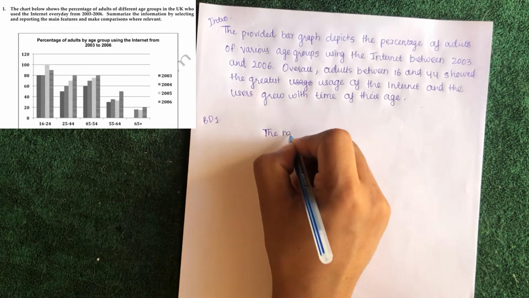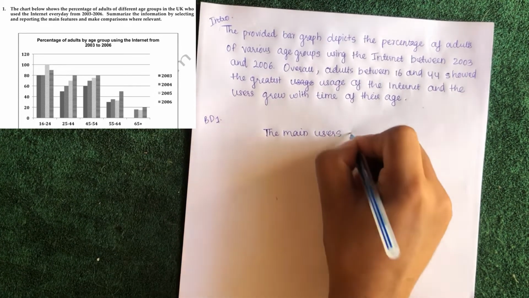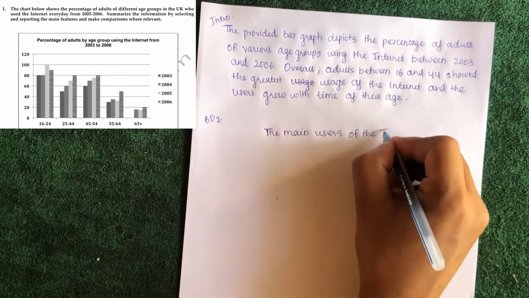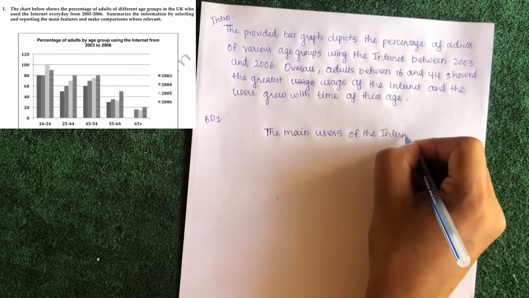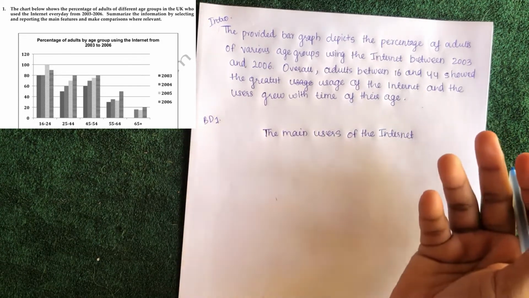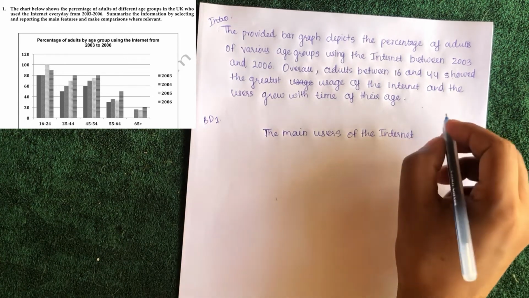The main users of the internet were young adults aged between 16 and 24 years. I will teach you how to add linking words and how to compare, so stay focused.